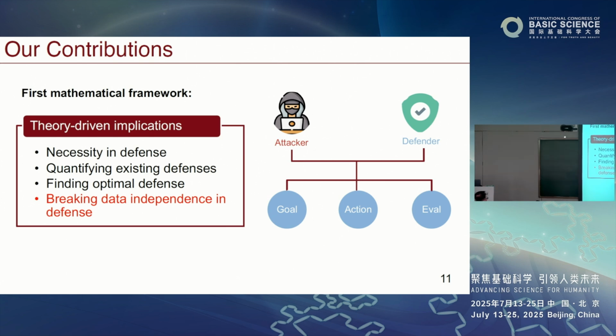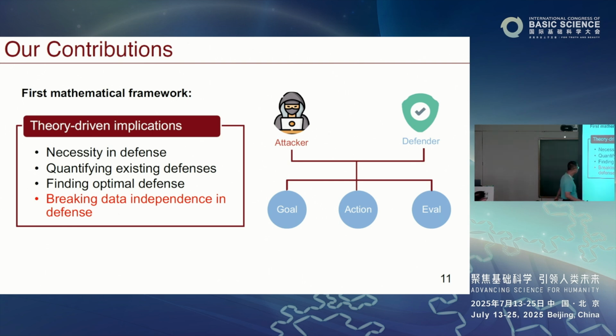We have two players, the attacker and the defender. The attacker sends the query, and the defender provides the prediction. Those are the actions. Afterwards, the attacker will try to learn the model. They have different goals and different ways to evaluate whether they are successful. The theoretical questions we want to understand: is it necessary to defend your model?